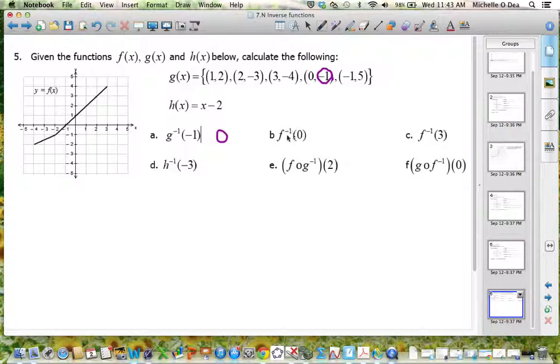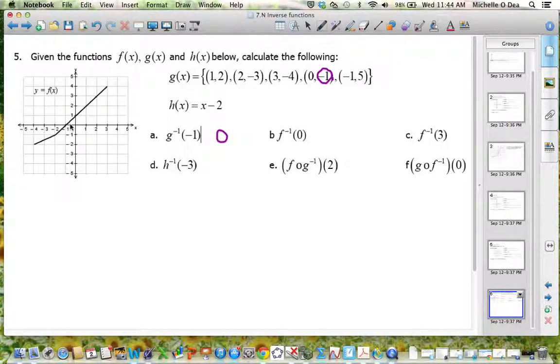Similarly for the next one, we want the inverse of function f, but at 0. So remember, this is the graph of the original function. On the original function, that would be when y is 0.